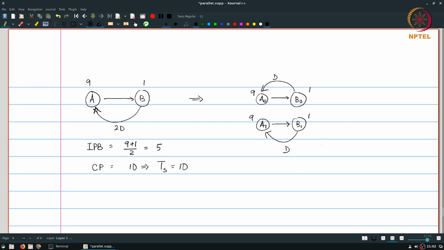What about on the right hand side? I find that my iteration period bound is actually equal to 9 plus 1 by 1. Note that now I have only one delay element on each of the loops present over here, which means that the iteration period bound is equal to 10.